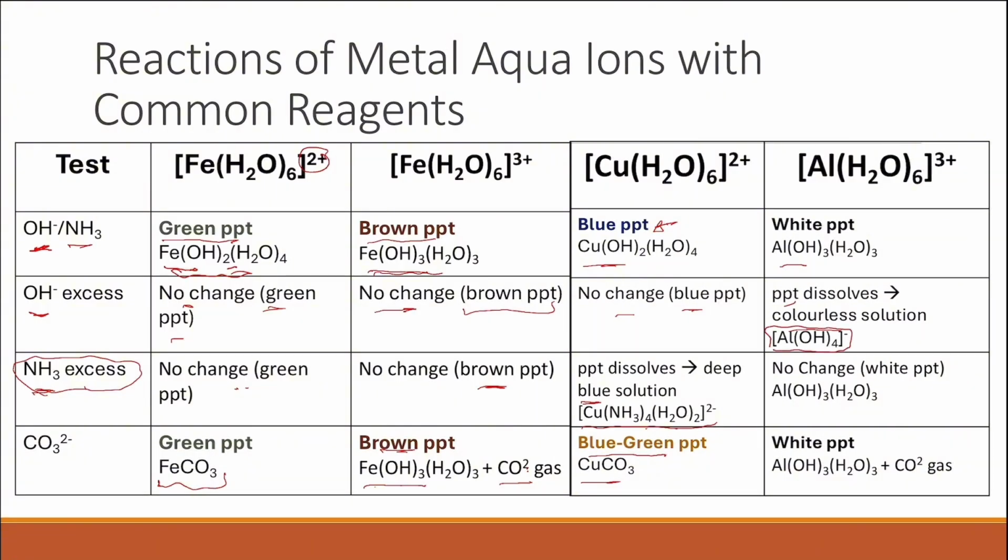The colorless solution is due to the formation of the aluminum with 4 OH minus, the tetrahydroxoaluminate ion. In case of excess of the ammonia, there will be no change. It will stay as a white precipitate of the aluminum hydroxide. And finally, with the carbonate, it will give you a white precipitate of aluminum hydroxide, similar to iron 3 plus, and also carbon dioxide gas.